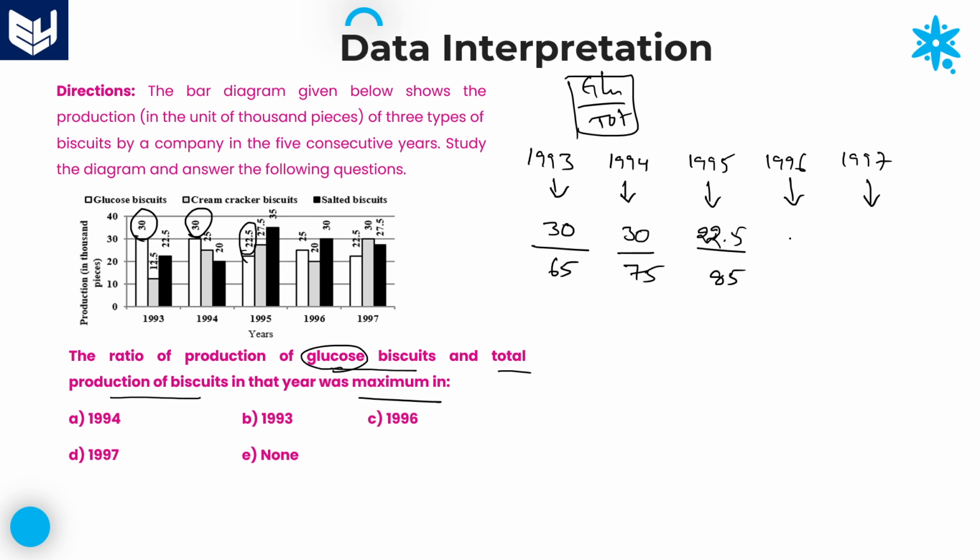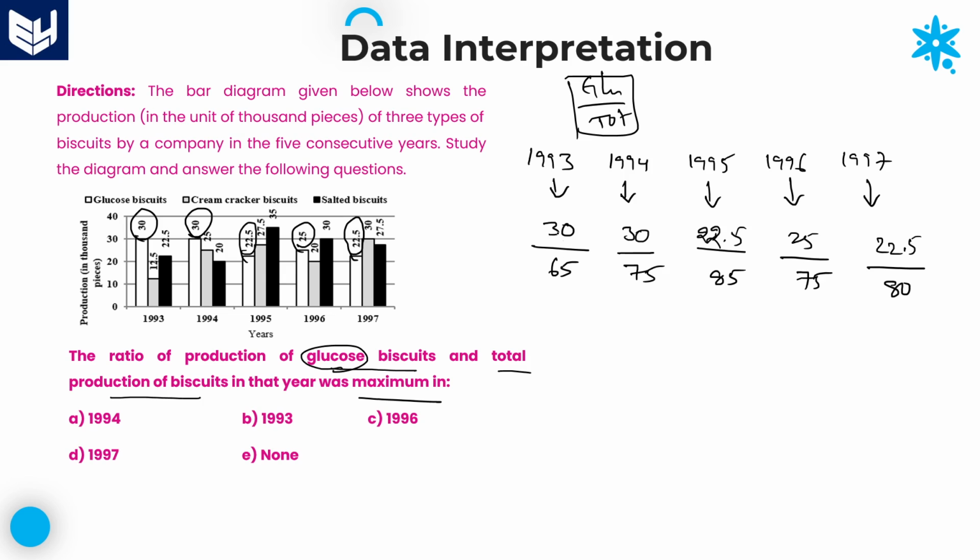And next, 96. 96 glucose 25 divided by total 75. And next, 97 glucose 22.5, and the denominator total value is 80.